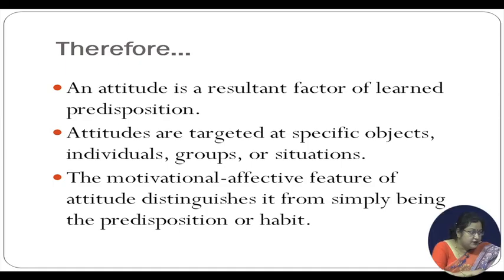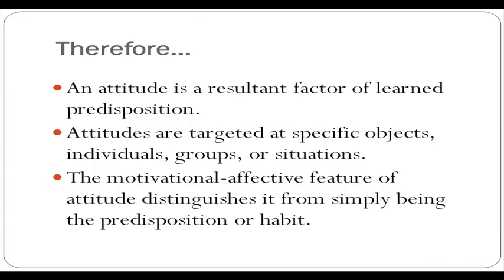We are talking about the attitude towards the object. The motivational, affective feature of attitude distinguishes it from simply being a predisposition or habit. It is not habit; it depends on my motivation for buying a product, and how I like a particular object in terms of that particular attribute.